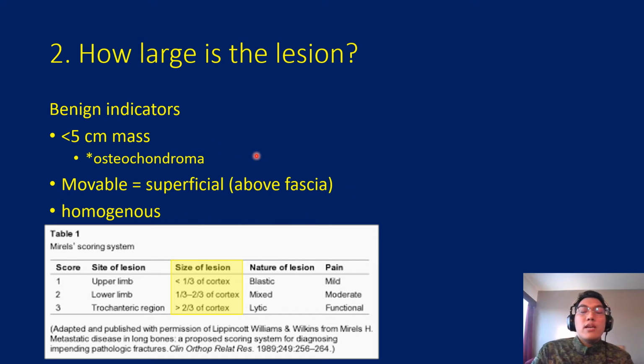For osteochondroma, a cartilaginous cap of more than 2 cm must be evaluated for the probability of osteosarcoma. The size of the lesion is also one of the factors in the Mirels scoring system for metastatic bone disease, in which the more cortex involved, the higher the score.